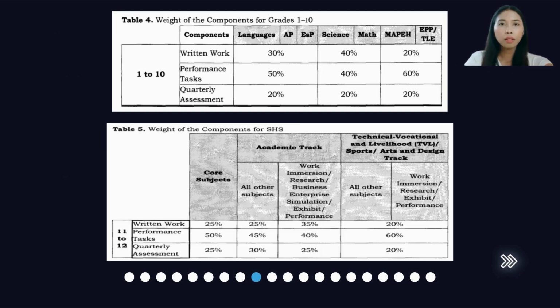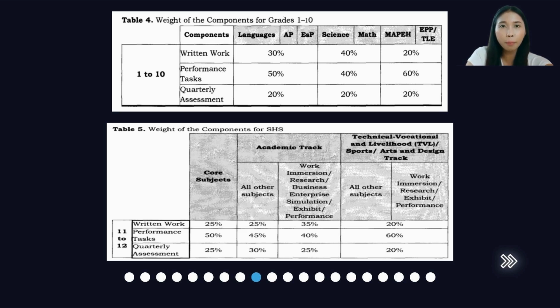knowledge. Now let's move on to the learning outcomes and reporting in line with the K-12 curriculum. DepEd emphasizes the mastery of learning outcomes, which are specific competencies that students need to acquire. Each subject or learning area has a set of learning competencies that are aligned with the national education standards.